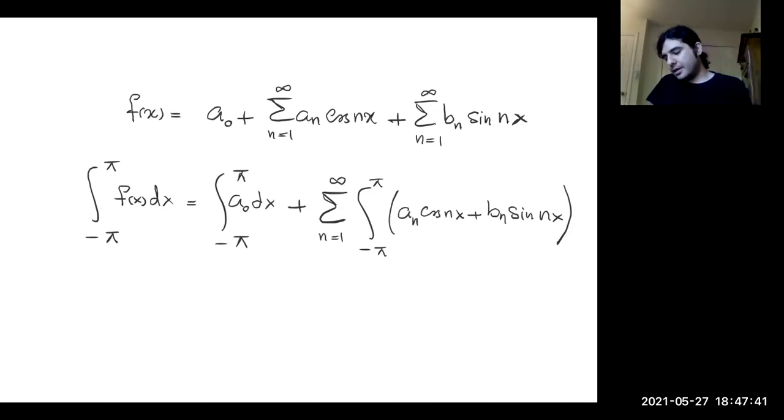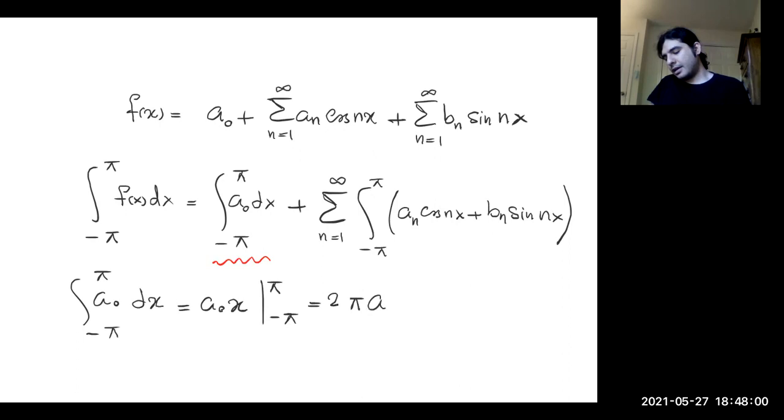For example, here, the integral of a0 from minus pi to pi dx is equal to a0 x from minus pi to pi, which is simply 2 pi a0, right? So that's the value of this integral.